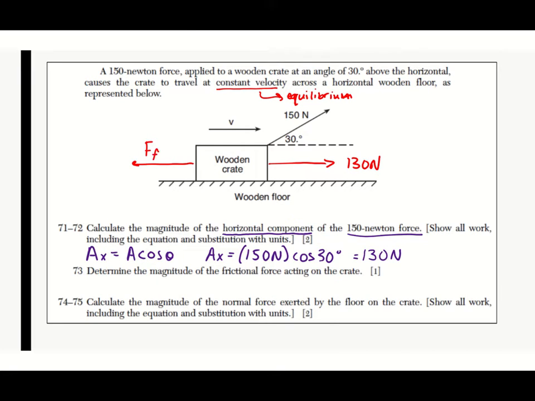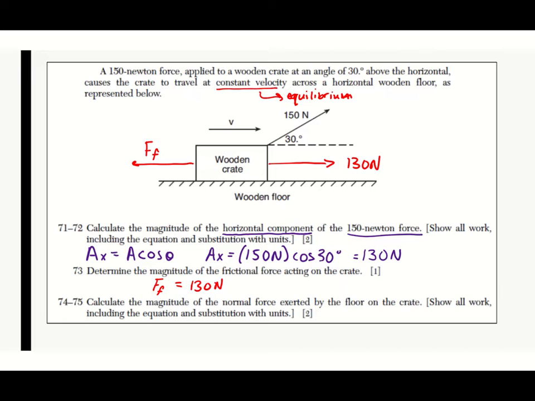And that's your force of friction. Friction opposes motion. So if this is an equilibrium, left and right sides are equal and balanced, opposite direction. So your magnitude of the frictional force is the same as the horizontal component of the applied force. That's 130 newtons.